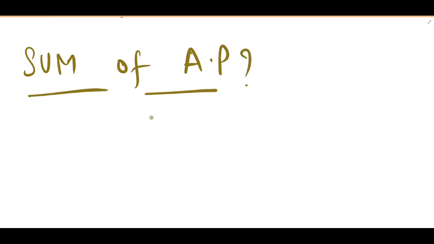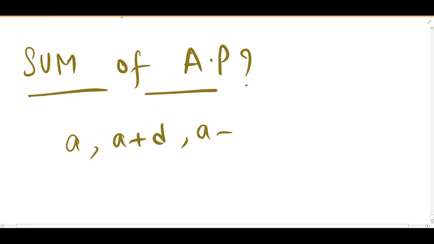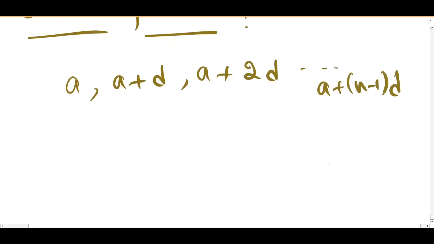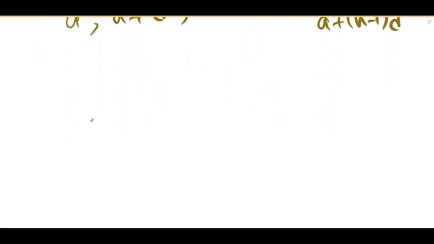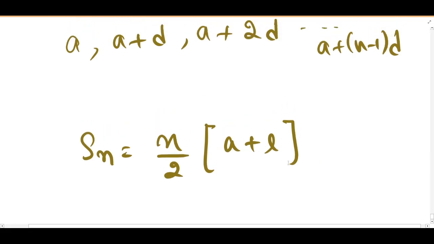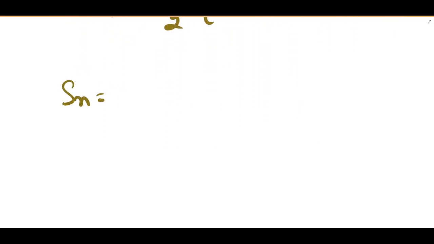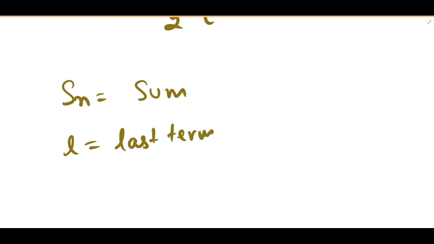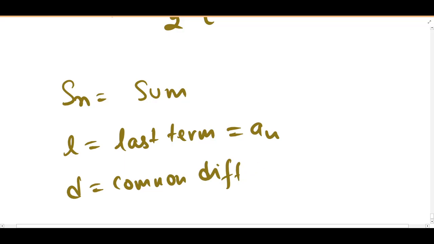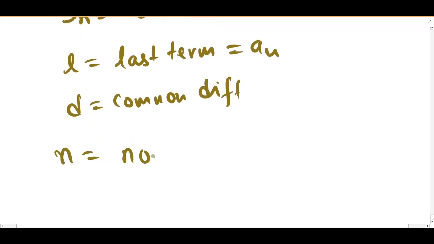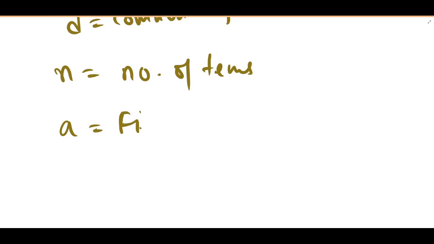If we have a series a, a plus d, a plus 2d, up to a plus n minus 1 d, then Sn is given by n by 2 times a plus l, where Sn is the sum, l is the last term, equal to an, d is the common difference, n is the number of terms, and a is the first term.